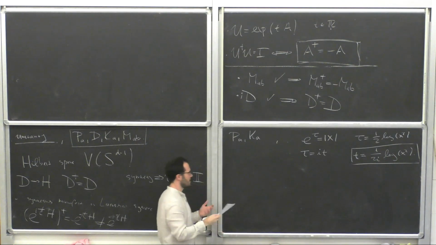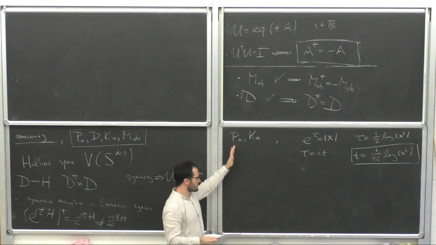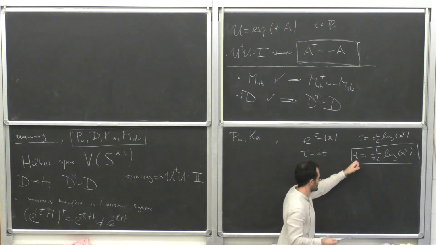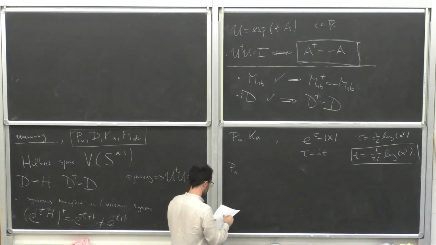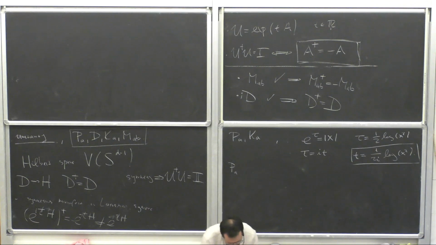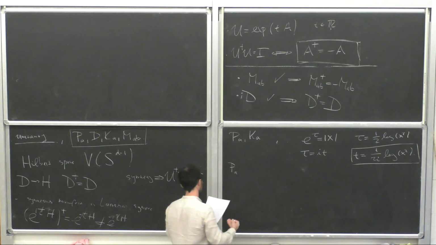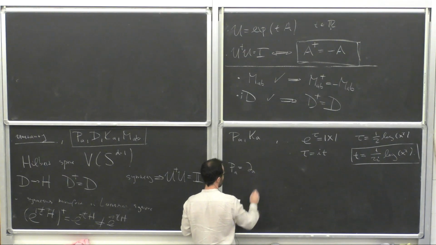So let's ask ourselves, if we perform a translation, how does a translation change Lorentzian time? Translation, as we said, was minus, I think in my convention it was minus P. I guess it's not going to matter.